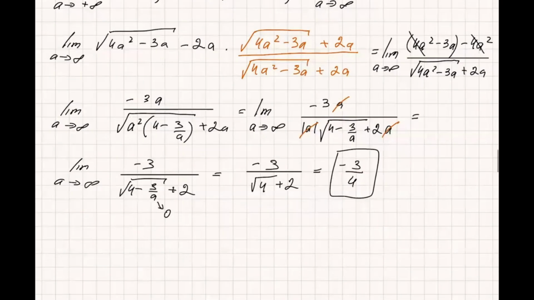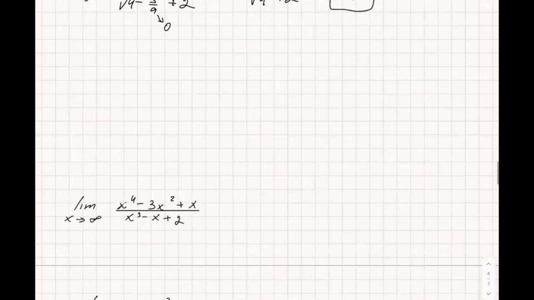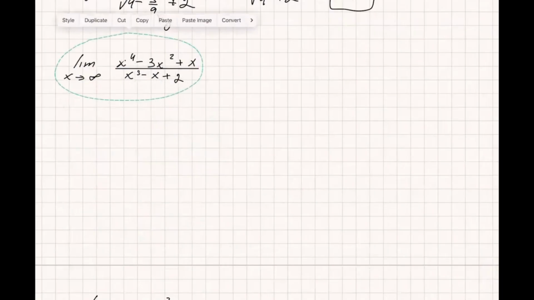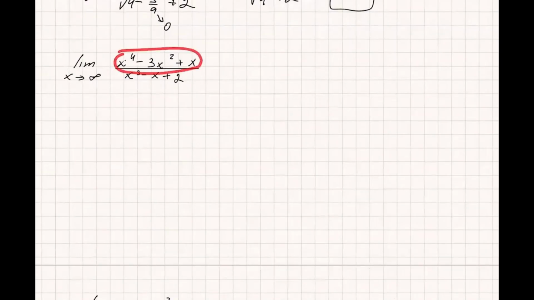And the last example that I want to show you right now is this one. Okay, so limit as x to the fourth minus 3x squared plus x divided by x cubed minus x plus 2.